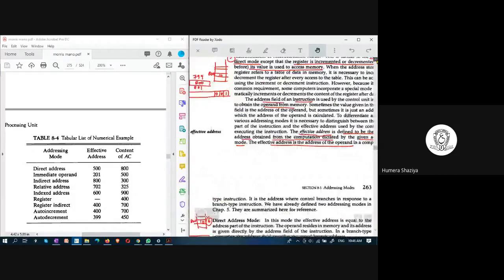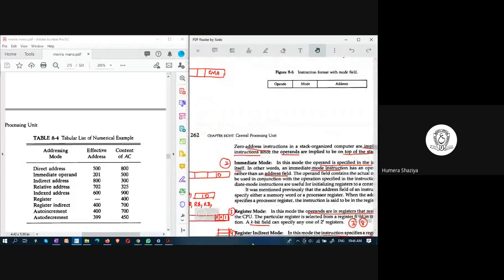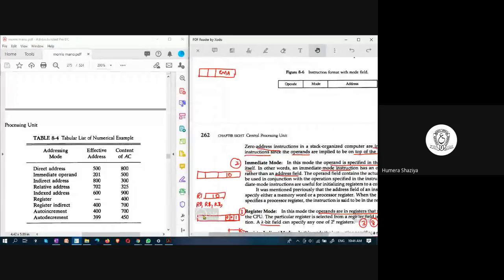What is register mode? We will look at it once again so that you will understand it. In register mode, you specify the register bits or register address. In the register, you will find the operand. In the instruction register, you have the register address. The register contains the operand. That is register mode.